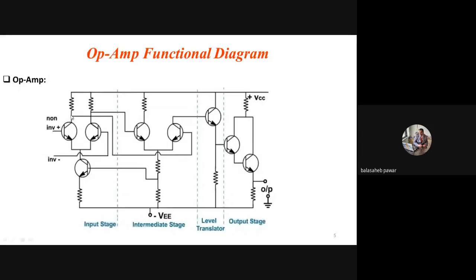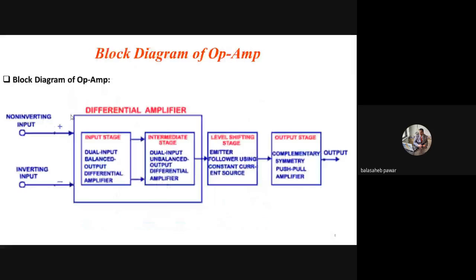Again, there are two inputs, right? And that's why this stage is also known as dual input. That word is common because for both stages, the input terminals are two. The first one is known as balanced output because output is taken out from the collector of both transistors, while this intermediate stage is titled unbalanced output.